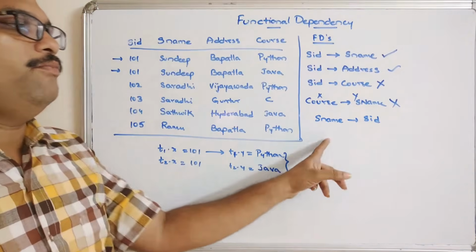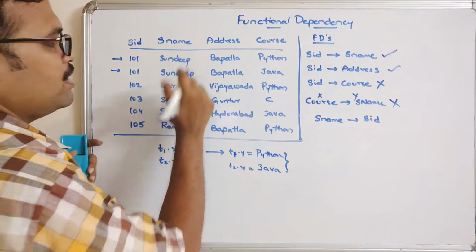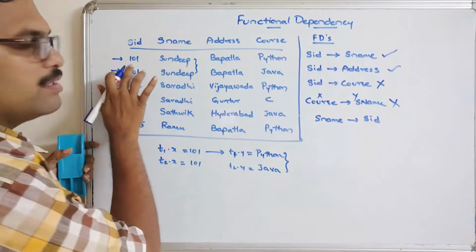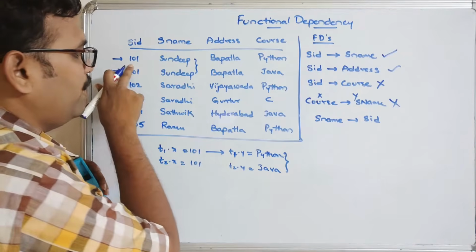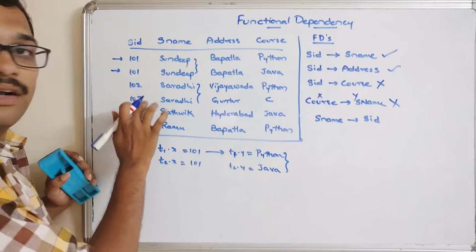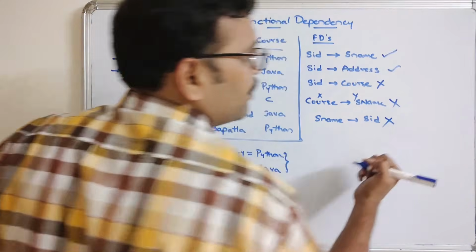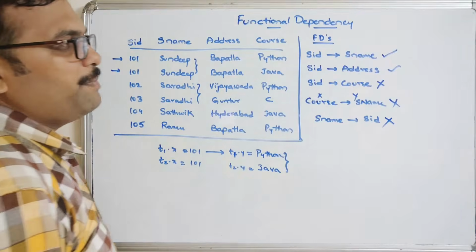If you know the name, can we get the SID? Sundeep: if you take these two, we get the same Y values. And here we have Saradhi, but there are different Y values. So we should not consider this one. So these two are the functional dependencies.